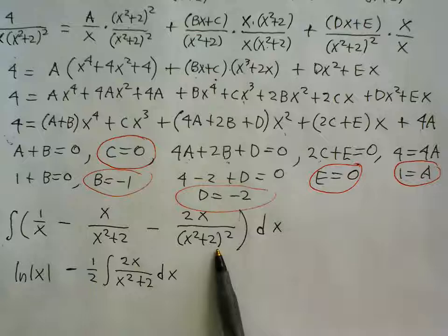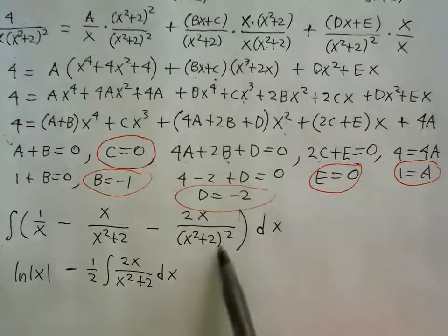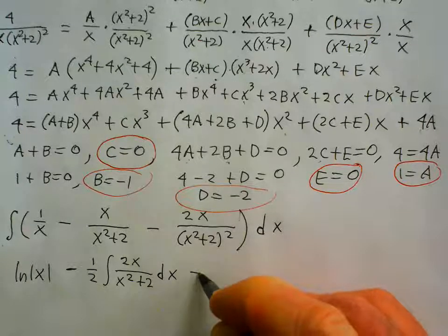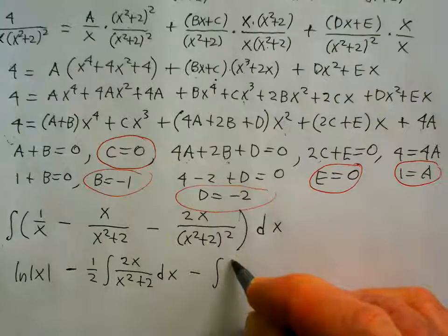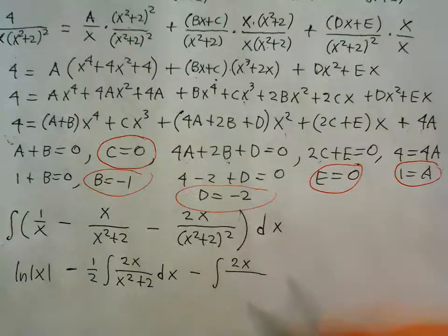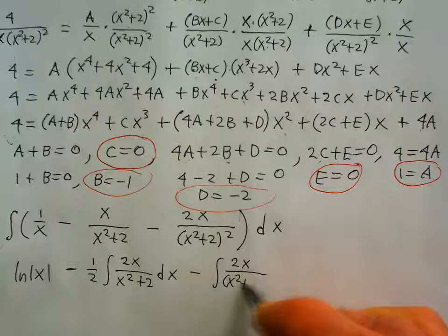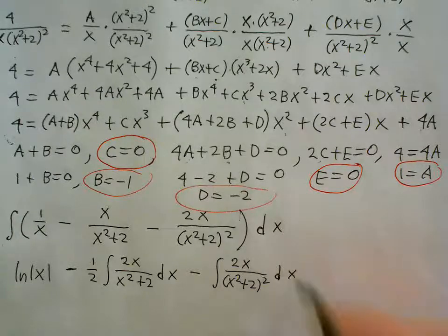And the next one is pretty much all set up for us. Minus the indefinite integral of 2x over the quantity x squared plus 2 squared dx.